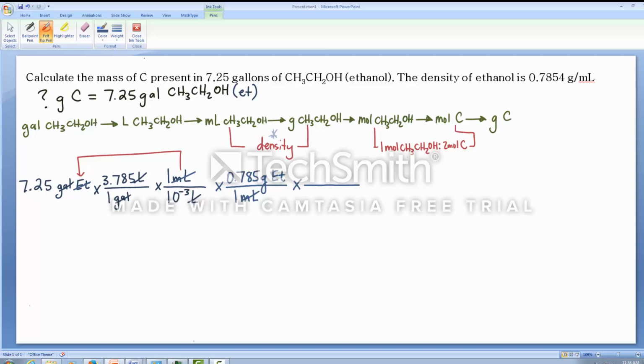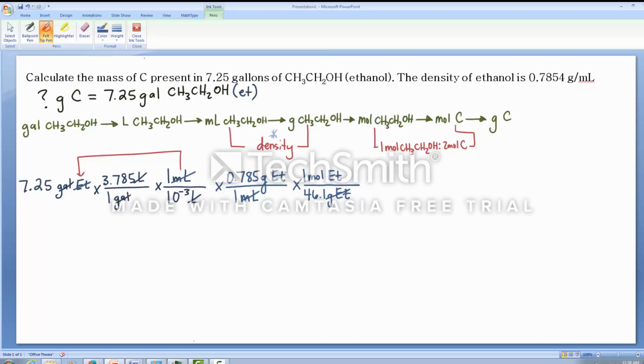So from our mass, we need to go to moles. So 1 mole of ethanol, which is CH3CH2OH, gives me 46.1 grams of ethanol.